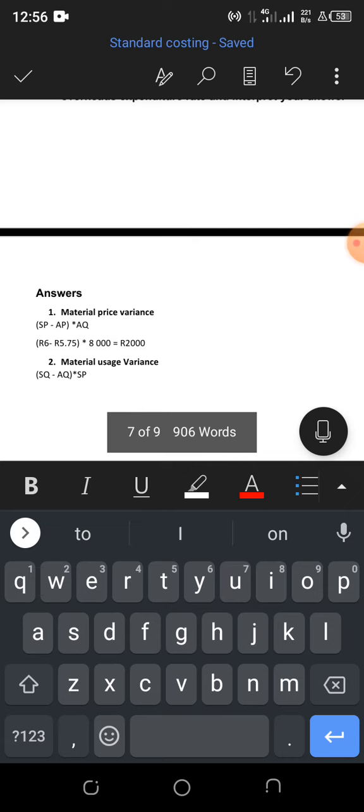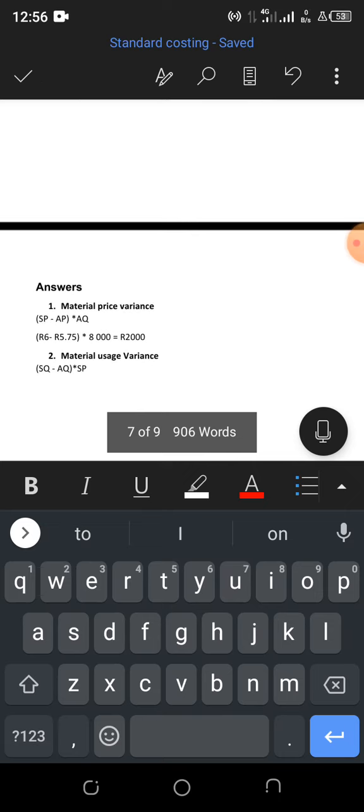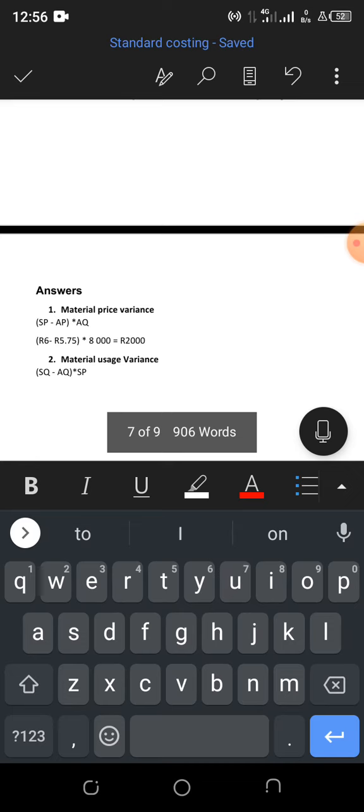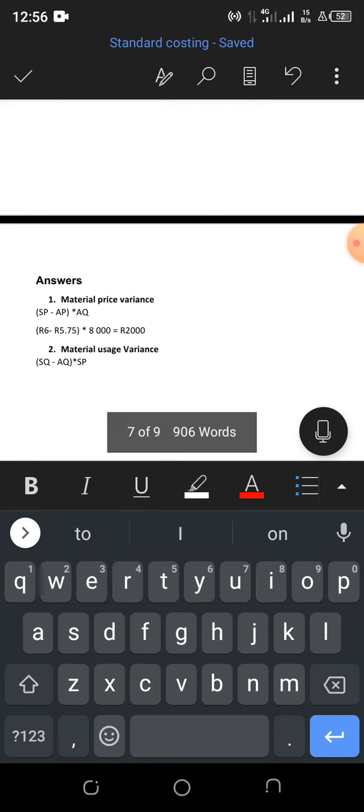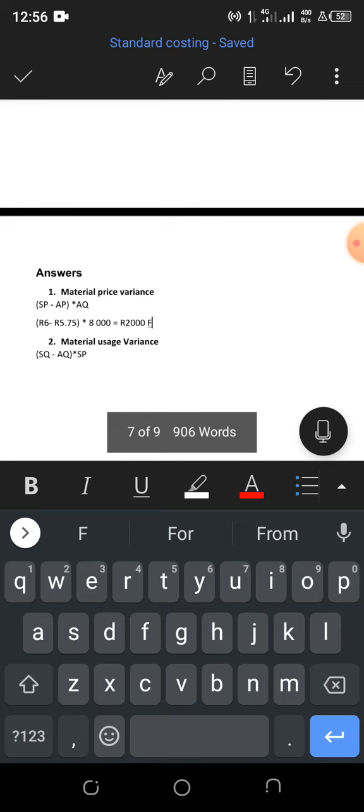You budgeted to purchase material at 6 rand, but at the end you actually purchased them at 5 rand 75, which means you purchased them cheaper than what you expected. In other words, that's a benefit to the business. We call it favorable, because you purchased with a lesser amount than the one that you budgeted. That's how you have to analyze this question.